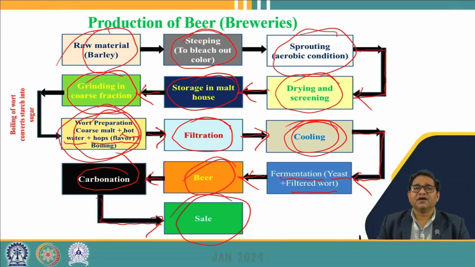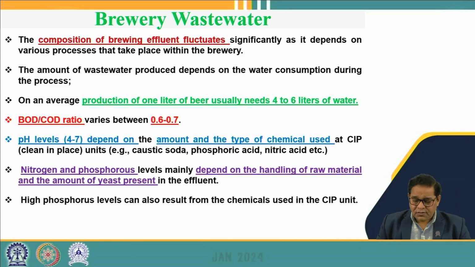So this is the entire process used for producing beer in a brewery. Let us now talk about the wastewater and what type of wastewater it produces. The composition of the brewing effluent fluctuates significantly depending upon the unit operations, the type of raw material we are using, and the process of fermentation.